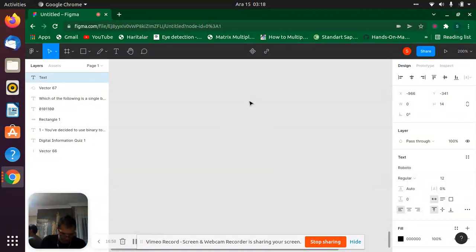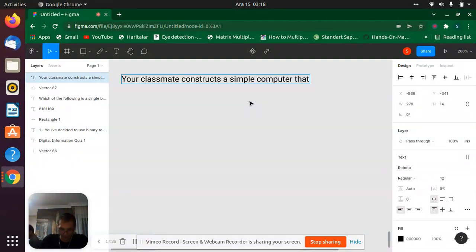Now we will say, your classmate constructs a simple computer that adds numbers.